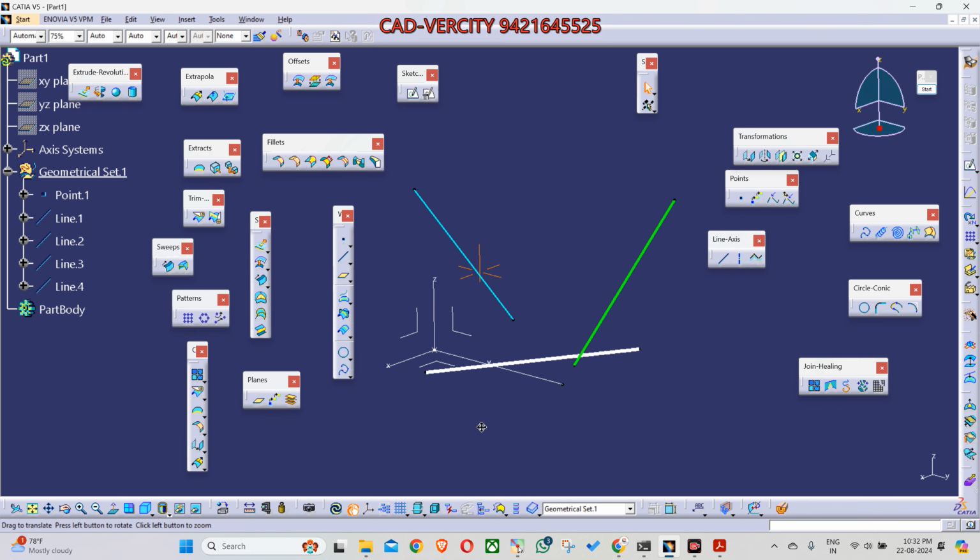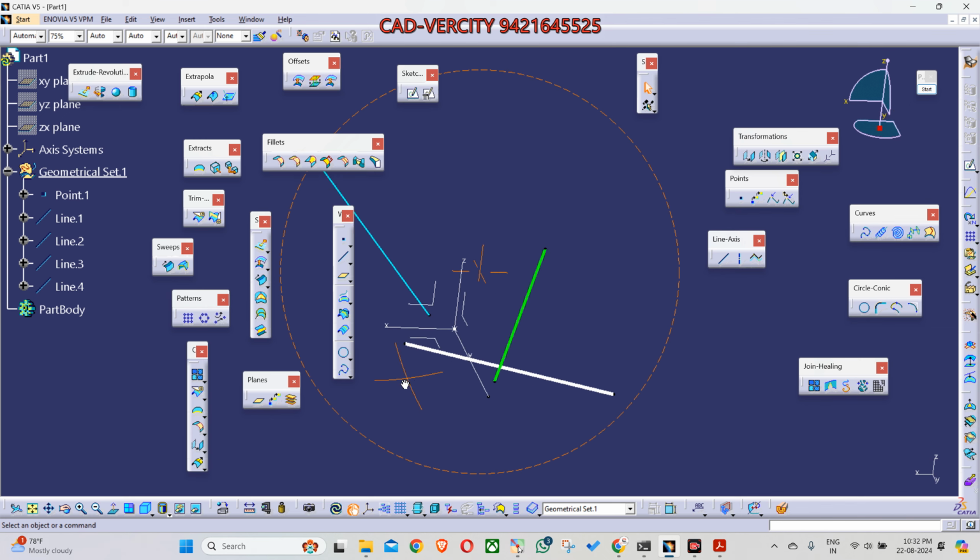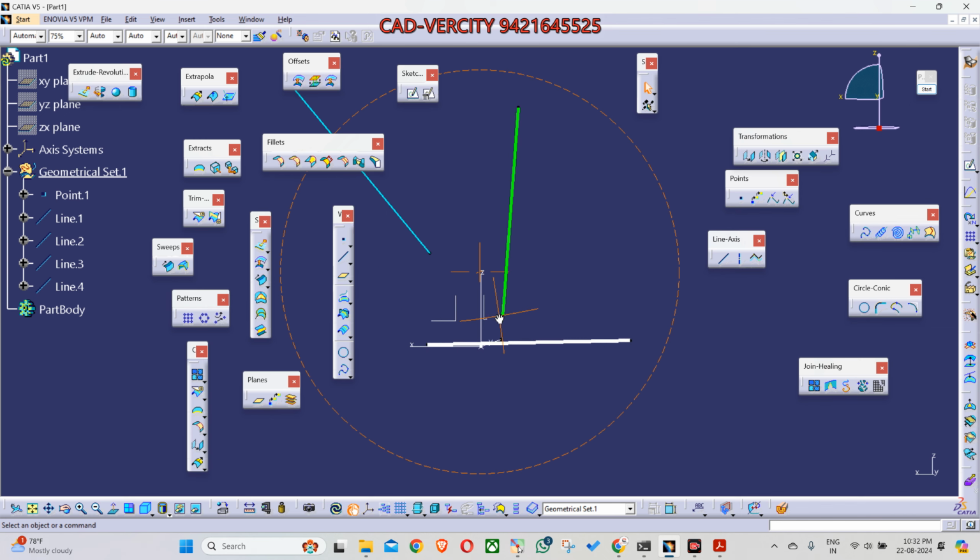Now tell me which line is parallel to which plane. Blue line parallel to ZX, white line parallel to XY, and green line parallel to YZ.